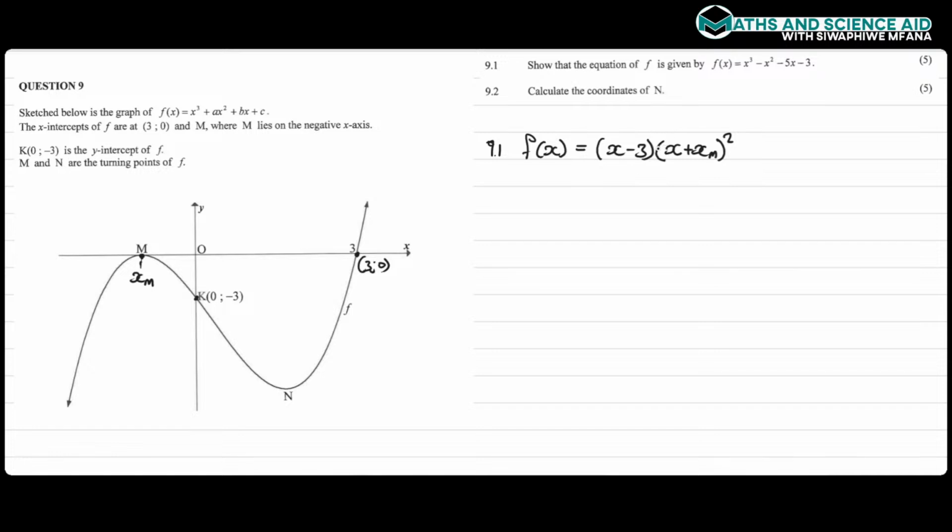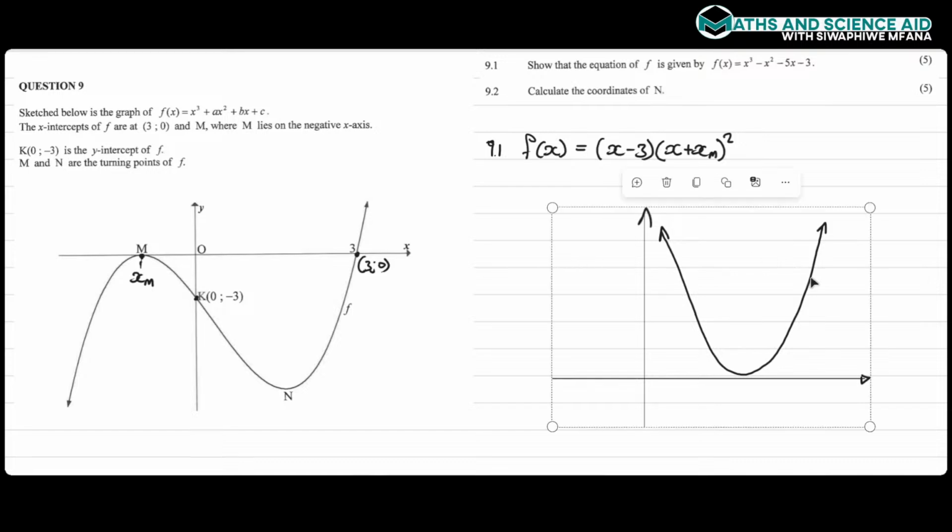But in this case, two of those x-intercepts are the same, they are equal. This is similar to when you've got a quadratic function with a turning point as an x-intercept.